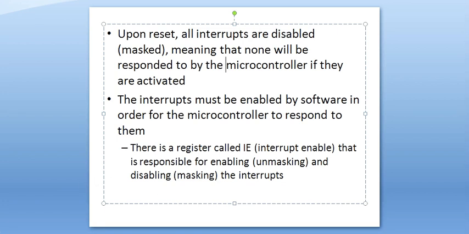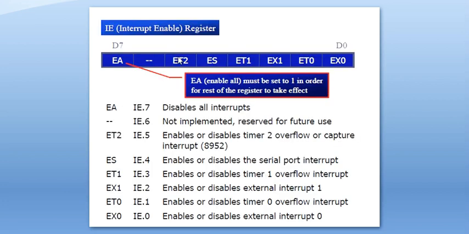Here we can see the interrupt enable register. These are the bits that make your interrupts enabled or disabled. Here we have the EA bit. When it is high, it enables the other bits; it enables or disables all the interrupts. EA, enable all, must be set to 1 for the rest of the bits to take effect.